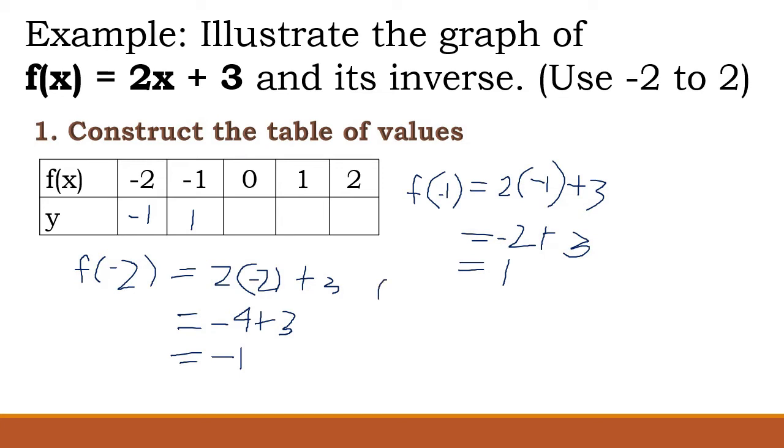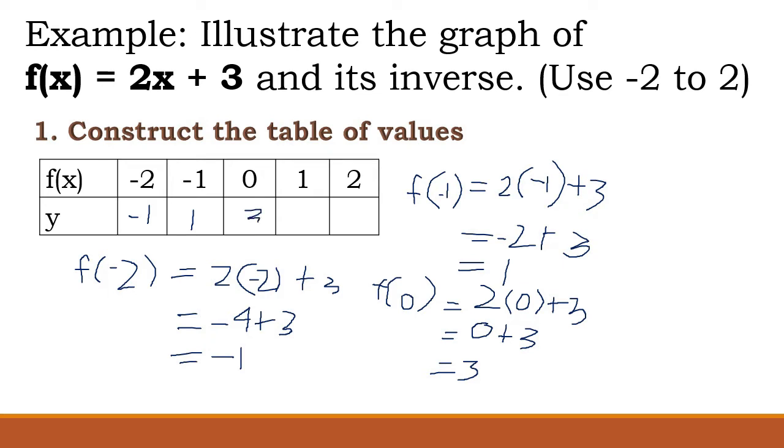Finding f of 0, it is equal to 2 times 0 plus 3, which is 0 plus 3, equal to 3.